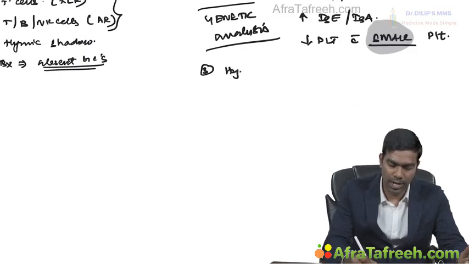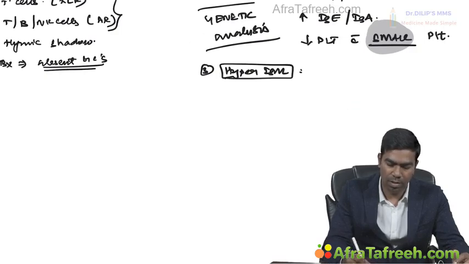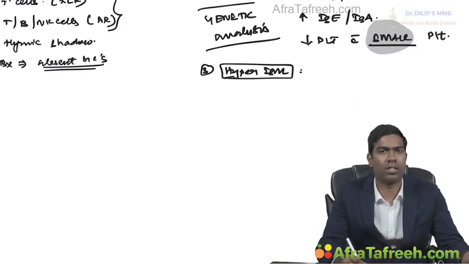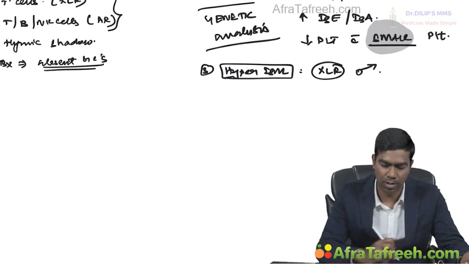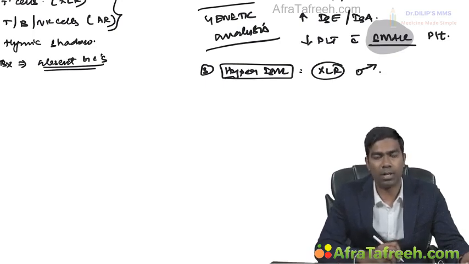Then you have something called hyper IgM syndrome. Hyper IgM was one of the recent questions asked in AIIMS. This is an X-linked recessive inheritance as well, which means again you're going to see it in males predominantly.